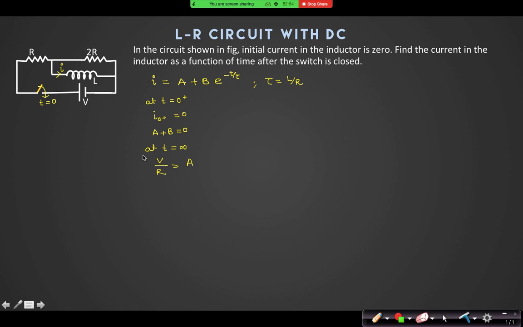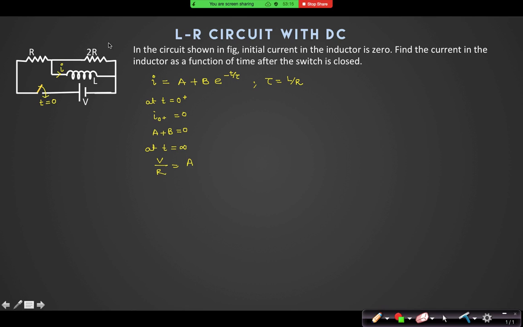And also you can say, what is the potential difference across this inductor at t equal to infinity? 0. At t equal to infinity there is no current.